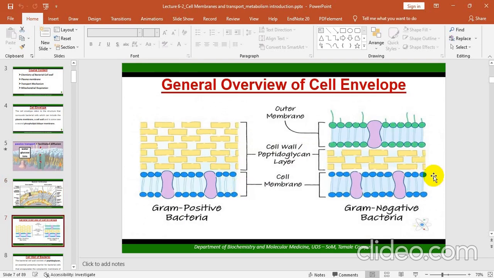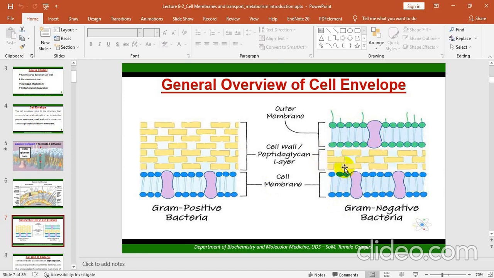So, an overview of the cell envelope. We have the gram-positive bacteria. You can see the yellow rectangular boxes represent the peptidoglycan chain or peptidoglycan layer. It's very thick, and this is the plasma membrane with integral proteins and phospholipid bilayer. We can also see that the gram-negative bacteria have both an outer cell membrane and an inner cell membrane with a very thin peptidoglycan layer.